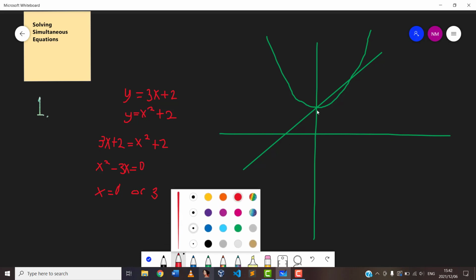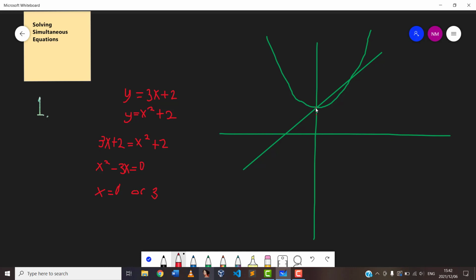So for example, if I want the y value over here, then I could just sub in 0 to this equation or to this equation. So let's just sub it into this one because it looks simpler. So y equals 3 times 0 plus 2, which just equals 2.